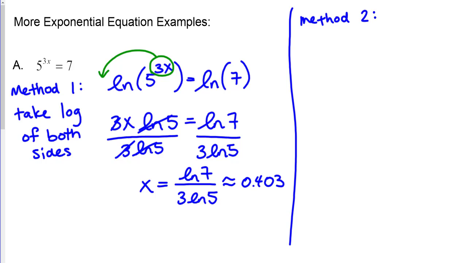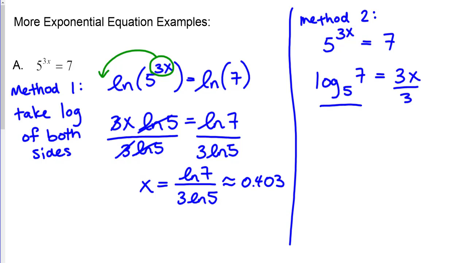So if I have 5 to the 3x power equaling 7, if I want to change this into a logarithm, I would make a logarithm of base 5 of 7 equal to 3x.